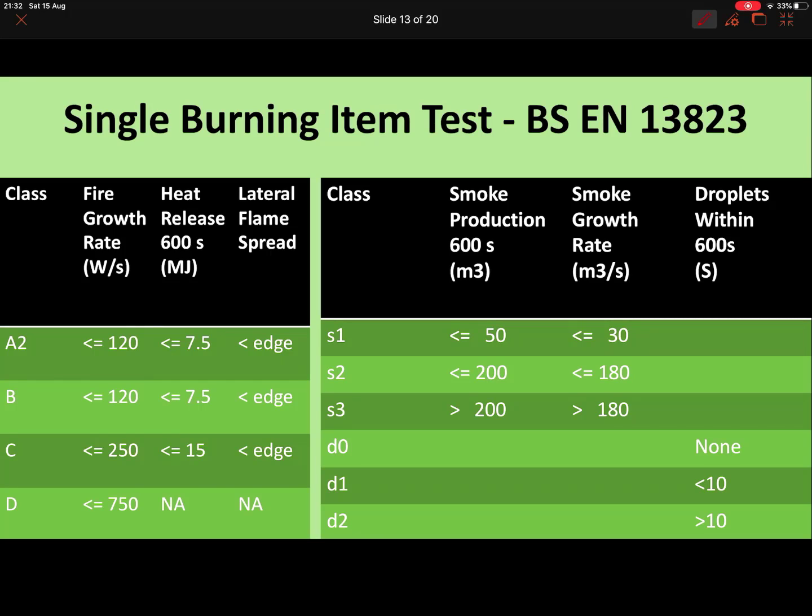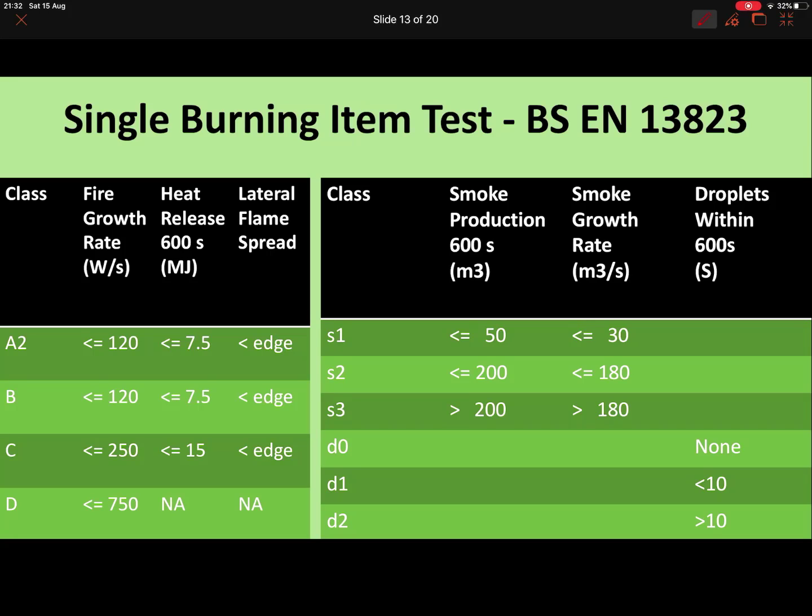Every aspect of the classifications within Approved Document B will always have S3D2, which is the worst criteria. But the S1 is less than 50 cubic meters of smoke. S2 is less than 200, and S3 is more than 200.